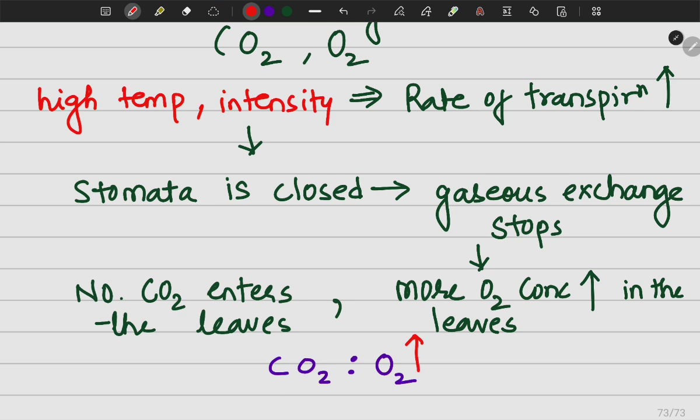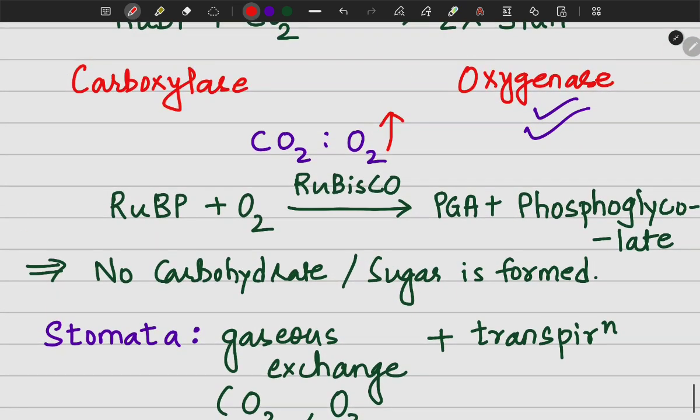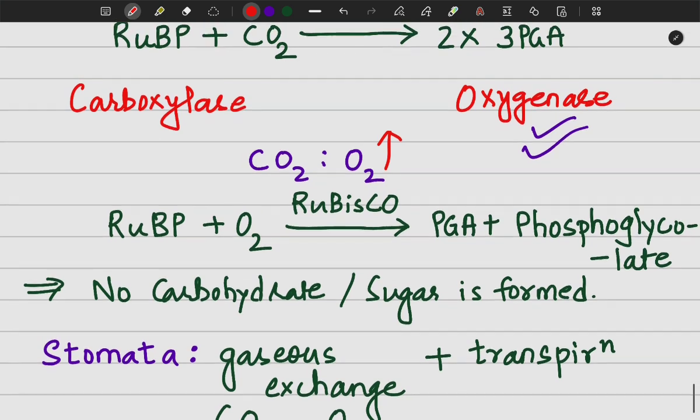This is how, when more oxygen gets concentrated inside the leaf, the concentration of oxygen increases as compared to the CO2. And when the concentration of oxygen increases, the rubisco starts to show the oxygenase activity. And when it shows oxygenase activity, it forms phosphoglyceric acid and phosphoglycolate, and no carbohydrate or sugar is produced.